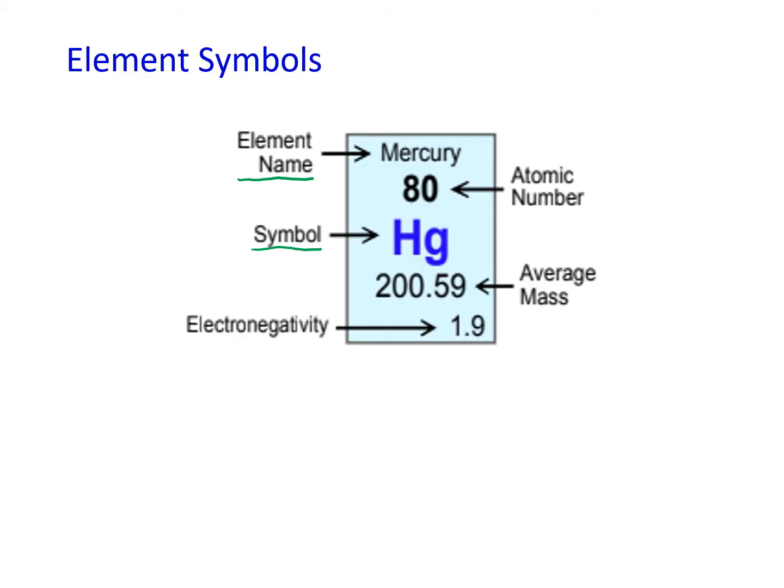Looking on the right-hand side, we see that we have something called the atomic number and the average mass. So the atomic number is the same thing as the number of protons in an atom.